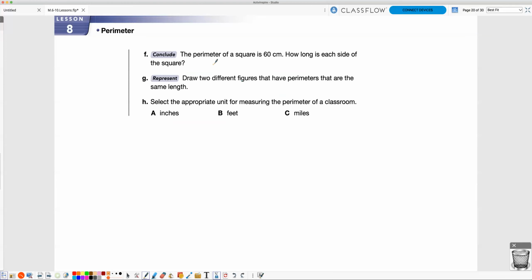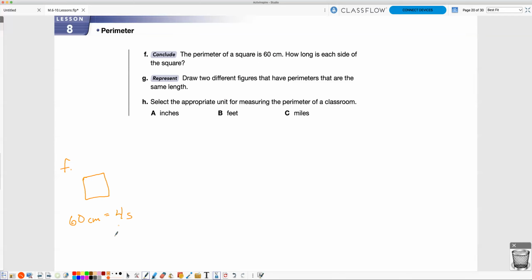What's the perimeter of a square? Well, sorry, the perimeter is 60 centimeters. So how long is each side of the square? Let's write F down here. You have a square, and to get around that square, it's 60 centimeters. So 60 centimeters equals the perimeter. It's 4 times s equals that, because there's 4 sides.